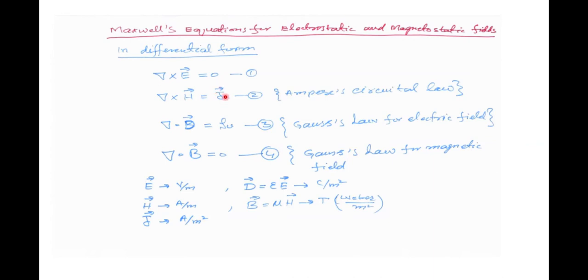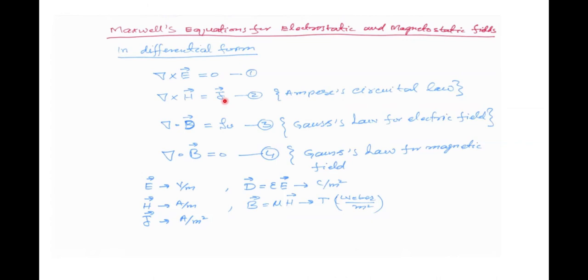In this case, J may be a conduction current density, which is due to the field in a conductor. In a conductor, there are a large number of free charges.